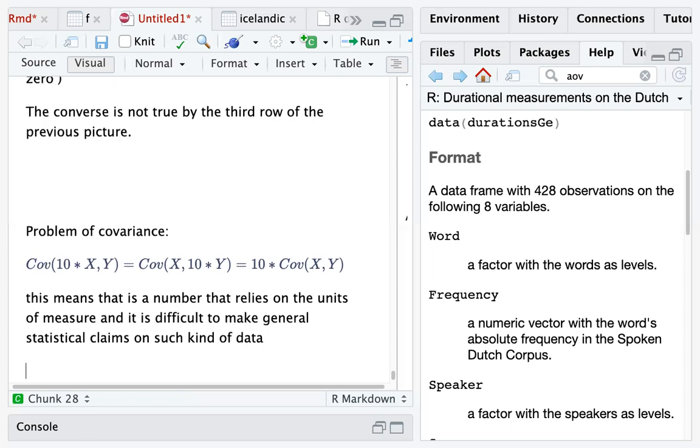So we define the Pearson's correlation coefficient in the following way.